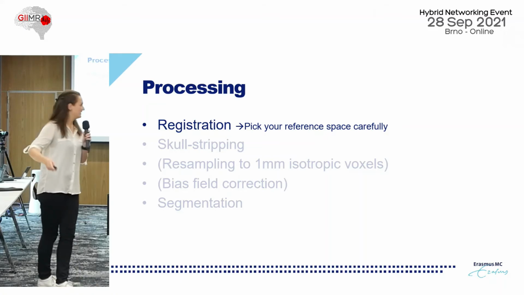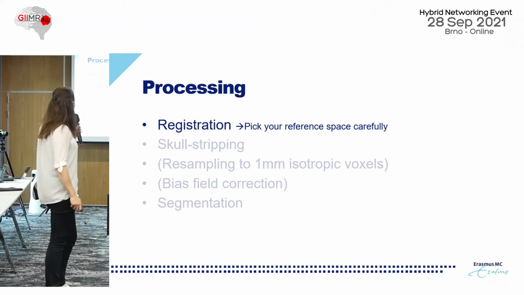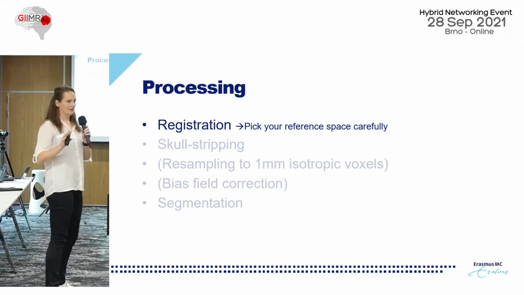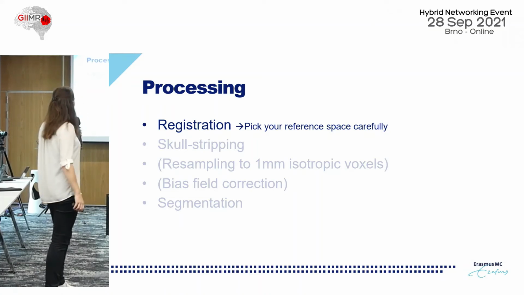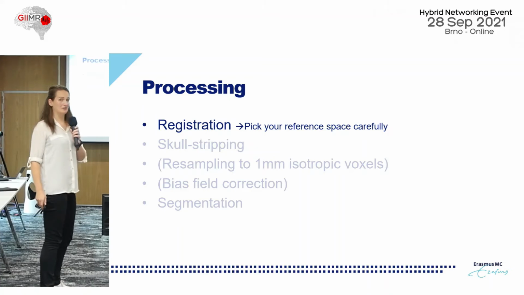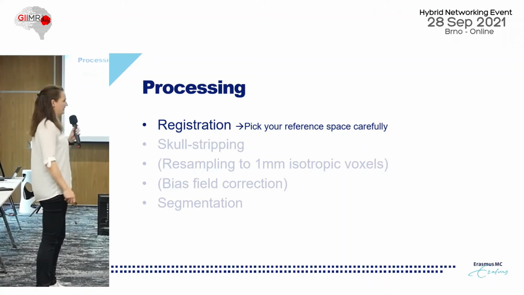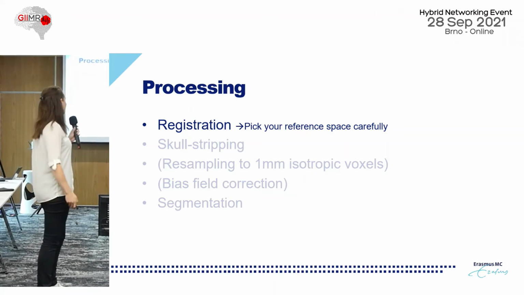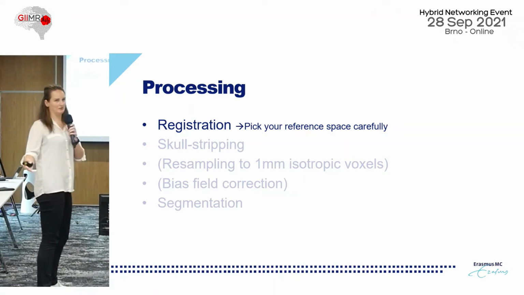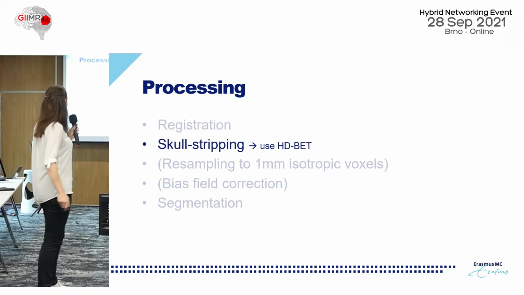A few tips. For registration, this is just a rigid registration of the 4 modalities. You can pick, in general, any reference space, so pick that carefully. I usually register everything to an atlas first, but that just depends on what you want to do with the results, because of course your segmentation results will be in that reference space.